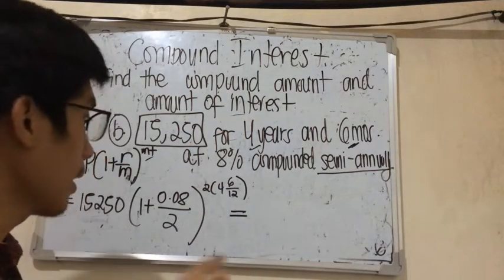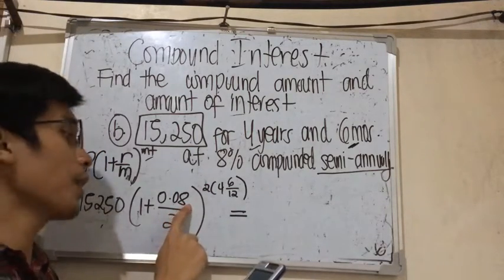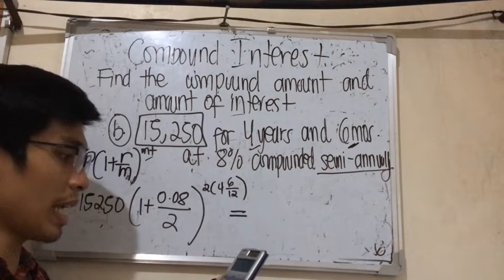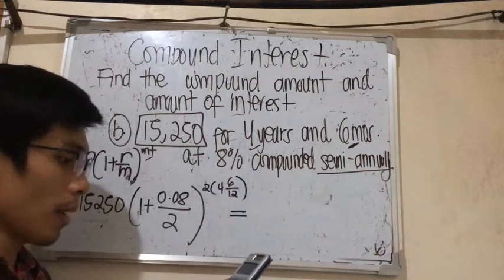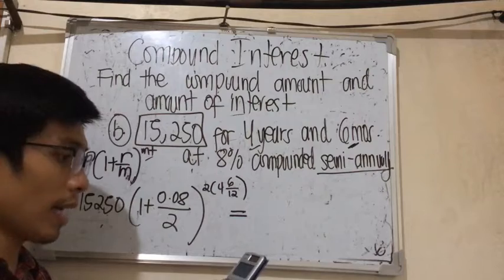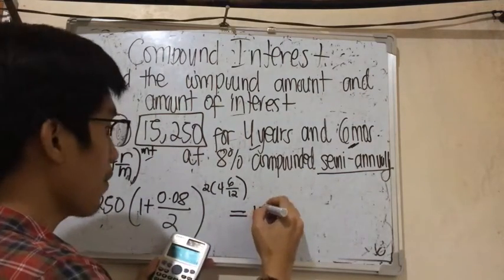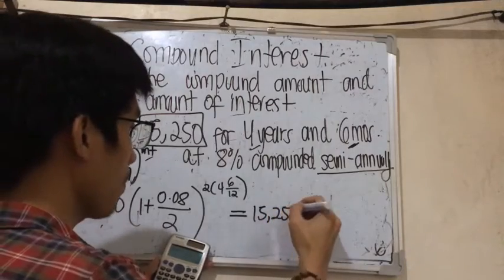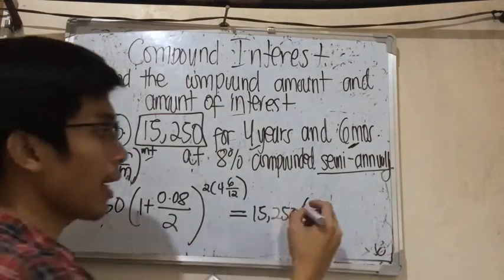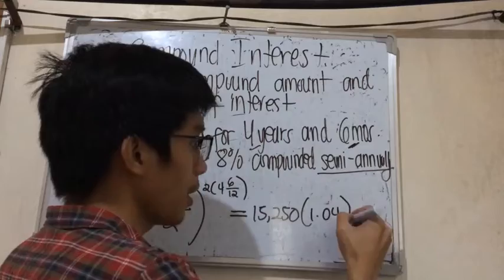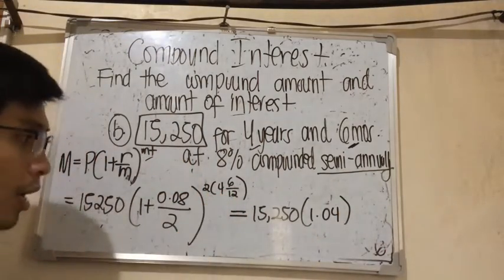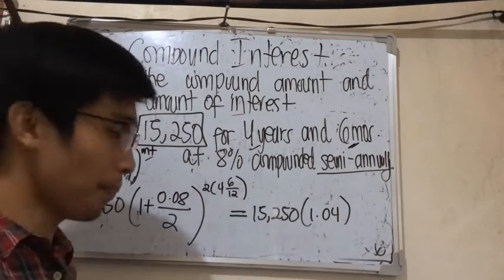So you first input 0.08 divided by 2 plus 1. That is 1.04. That's right. Then copy 15,250. What is the result inside? That is 1.04 raised to the power of this one. You try to simplify this one.